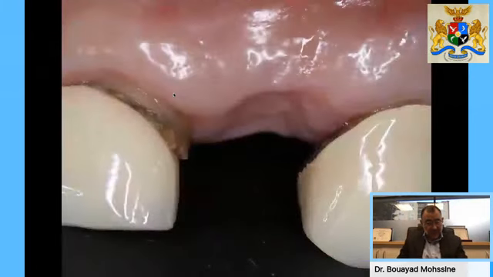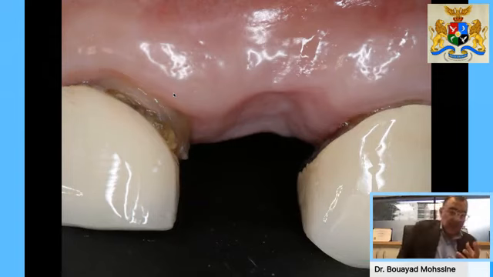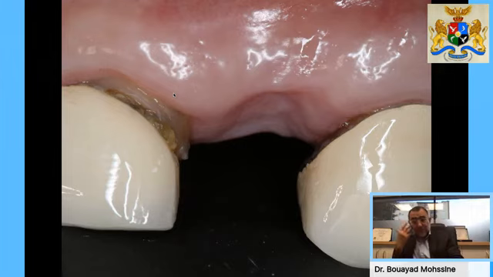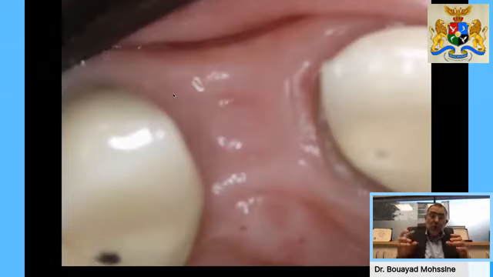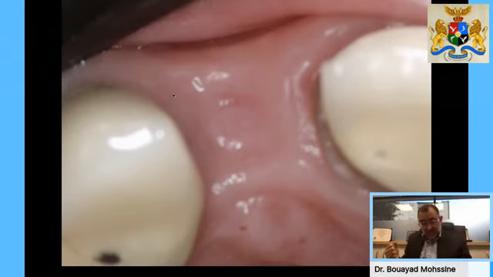healing abutment. In this case, we can see here the quality of the gingiva, and we have to place implants in this area, and we have to appreciate the volume of the bone and the quality of the soft tissue around the future implant.